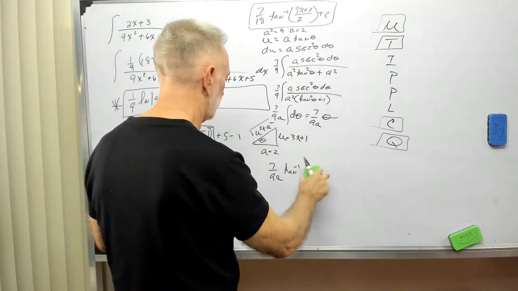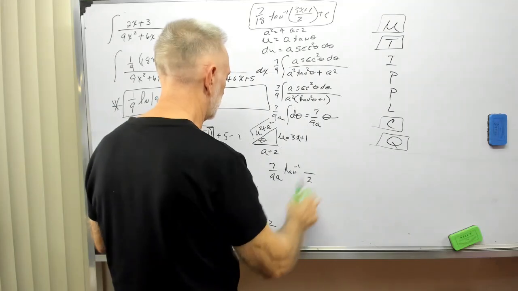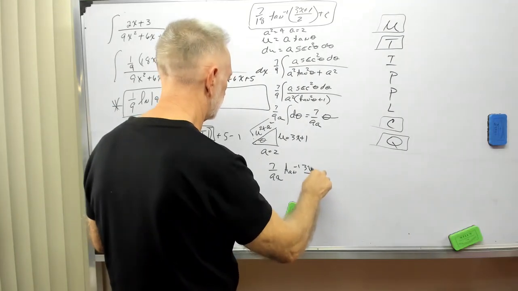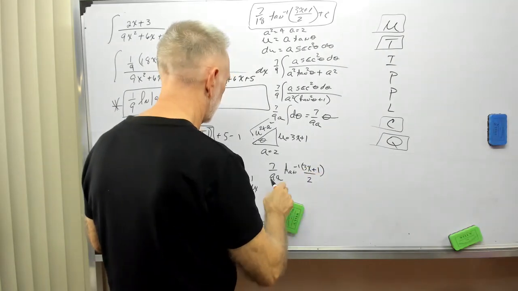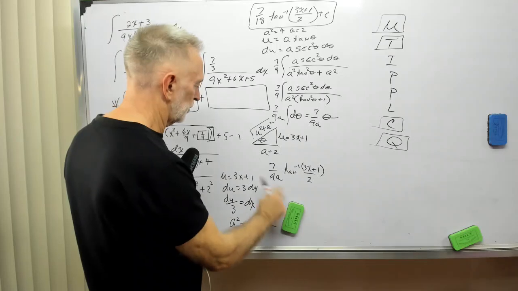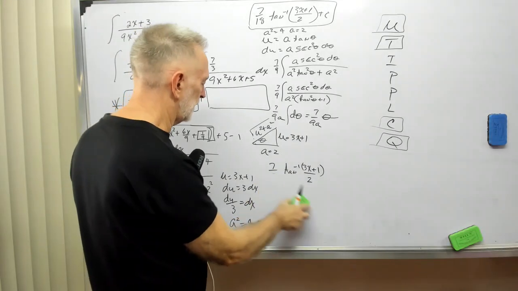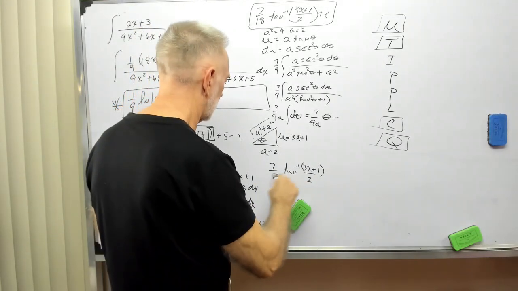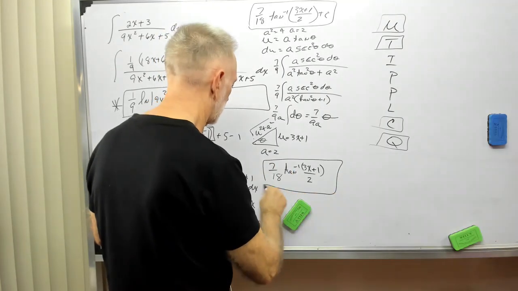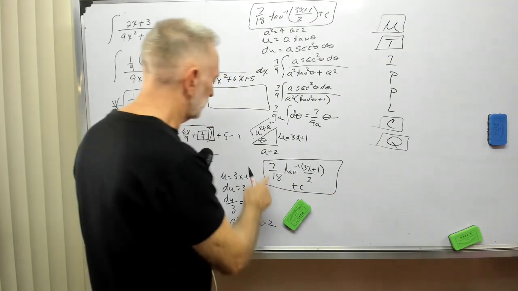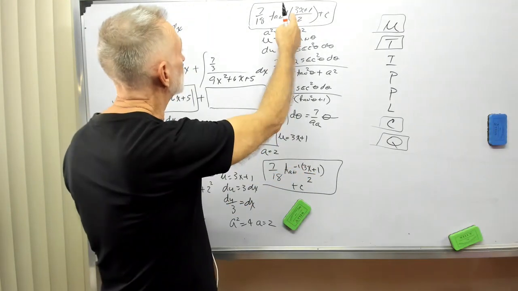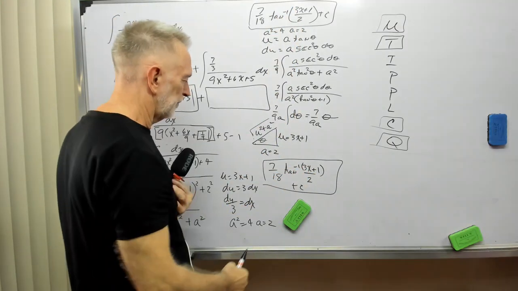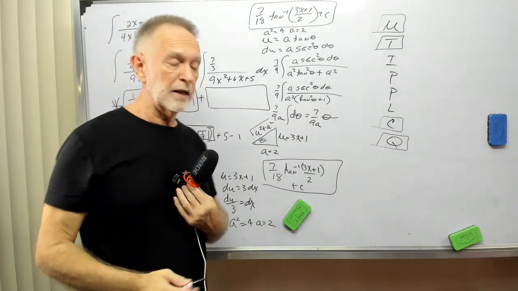And u, remember, was 3x plus 1, and a is 2, so 9 times 2 is 18. So 7 over 18, tangent inverse of (3x plus 1) over 2, plus c. That's what we were trying to get.